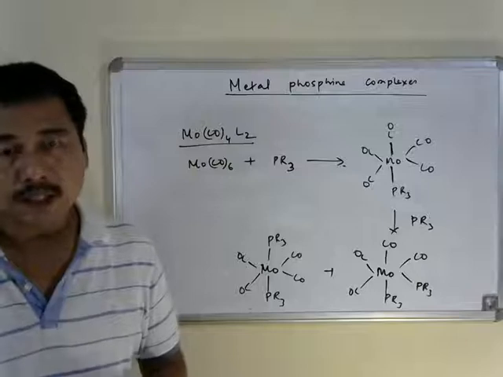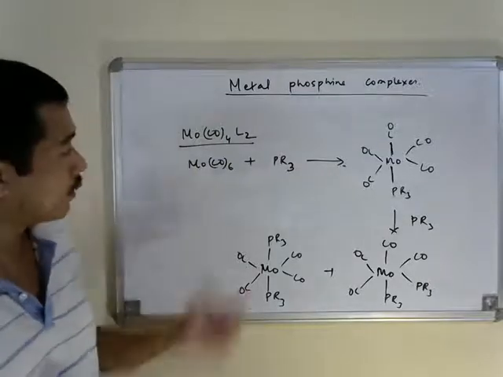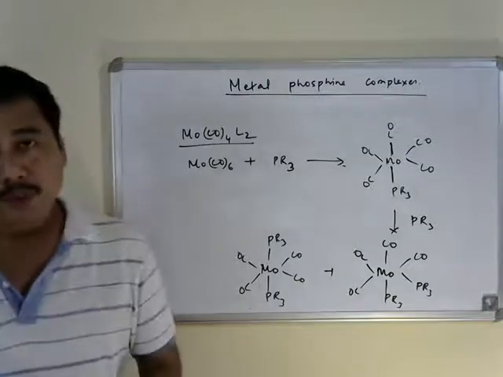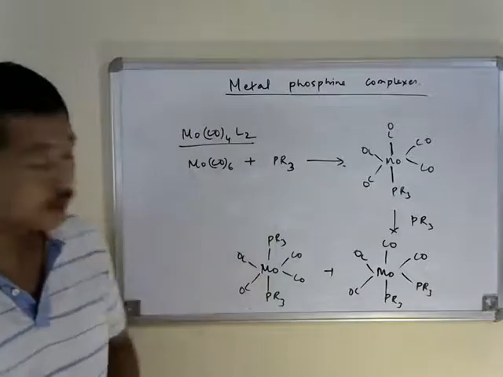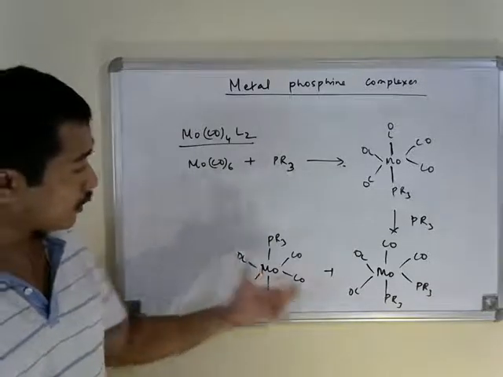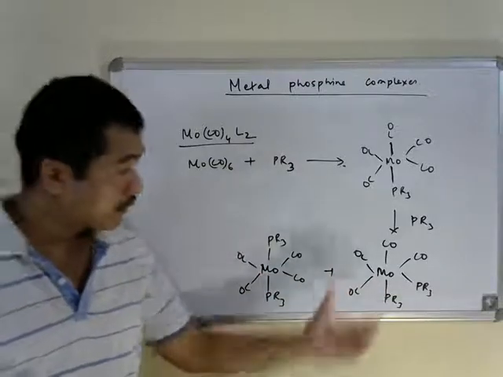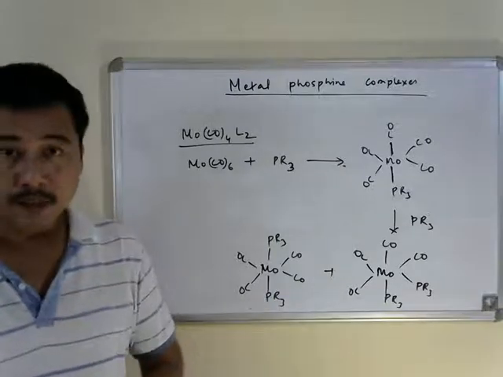Also, we have seen why in some of the reactions we isolate the trans product, which is not electronically favorable, but it happens because of the difficulty in accommodating two bulky phosphine ligands cis to each other in these complexes. So with this, let me conclude this lecture.